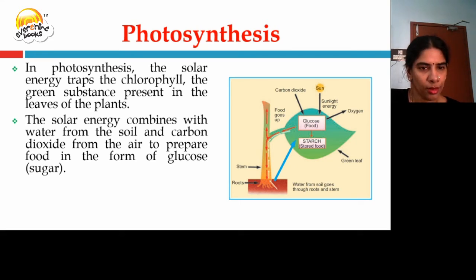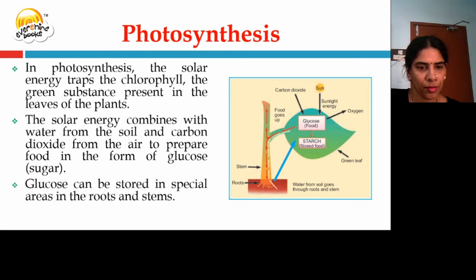Glucose is a sugar. Glucose can be stored in special areas in roots and stems of the plant. The diagram shows the preparation of food by the process of photosynthesis.